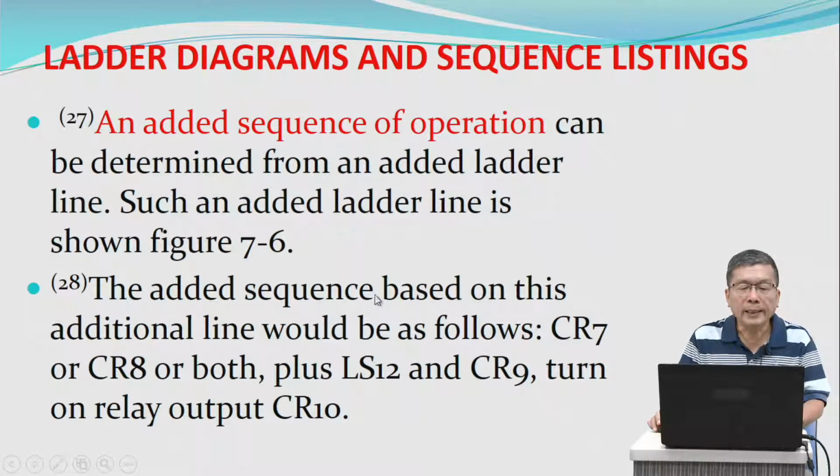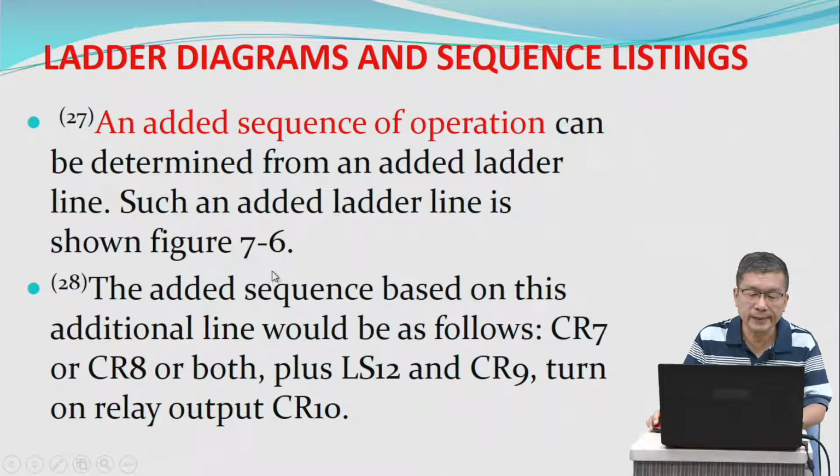An added sequence of operation can be determined from an added ladder line. Such an added ladder line is shown in figure 7.6. The added sequence based on this additional line would be as follows.